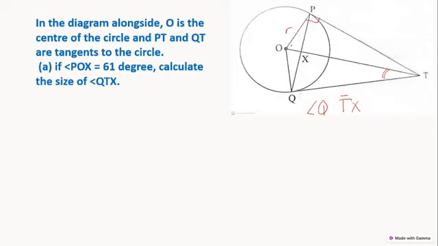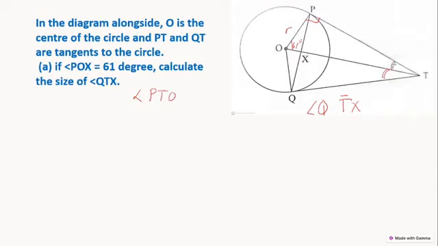Then we have been given that POX is 61 degrees. I hope you are following. So if we have POX as 61 degrees, then we can say, therefore, angle PTO, the angle which is right here.